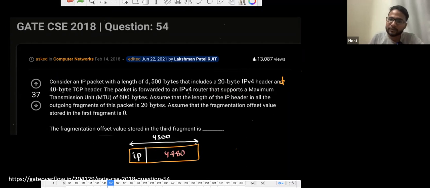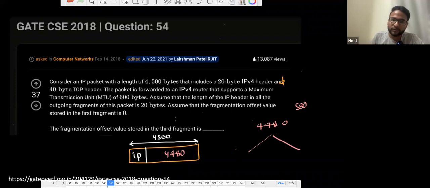The packet is forwarded to an IPv4 router that supports a maximum MTU of 580 bytes, right? So you have to divide by 580. Assume that the length of the IP header in all the outgoing fragments of this packet is 20 bytes only.